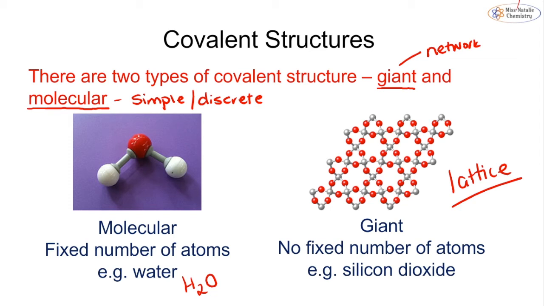The only difference is that this time they're bonded covalently instead of bonding ionically. But this is no fixed number, and an example would be silicon dioxide, or SiO2, meaning for every 1 silicon, I have 2 oxygens. And these 2 different types of structures then have very different properties, and you need to know each of the different types of properties for the 2 structures.